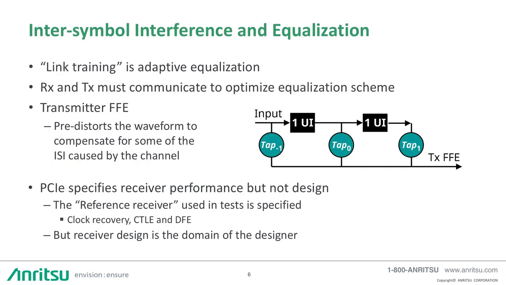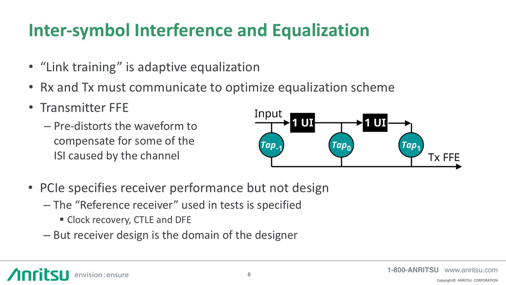Intersymbol interference, ISI, is caused by frequency-dependent channel loss. Each Fourier component of the signal experiences different levels of loss, causing bits to overlap and interfere. ISI is corrected in PCIe Generation 5 through an adaptive equalization scheme called link training.